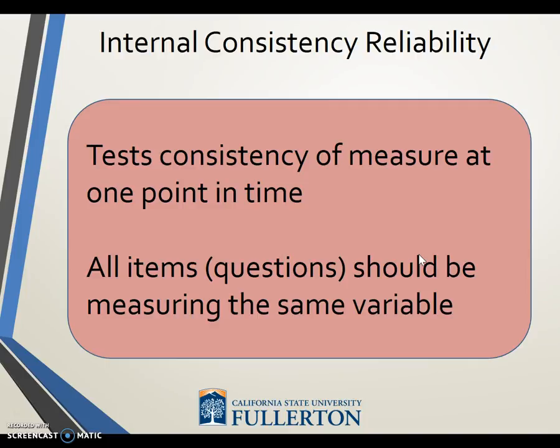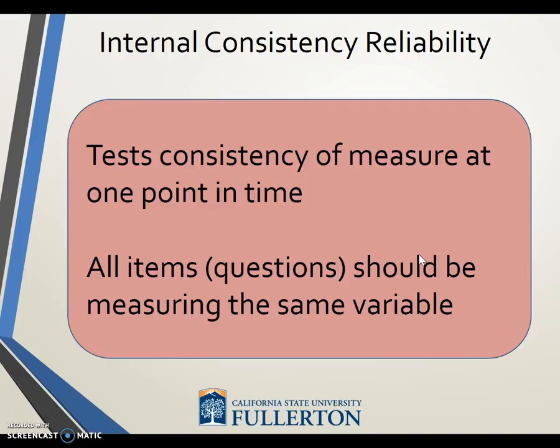So rather than testing and then retesting, this is only measuring people at one point in time. So with that, all these questions on your measure should be measuring the same variable. So all the questions should be measuring IQ, all the questions should be measuring purpose, all the questions should be measuring anger, those types of things.